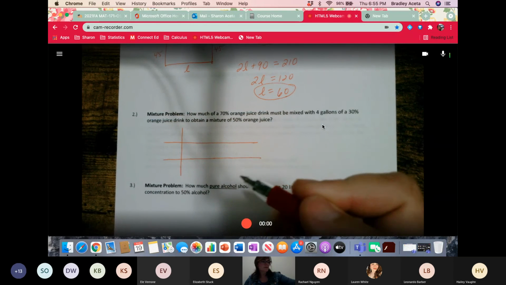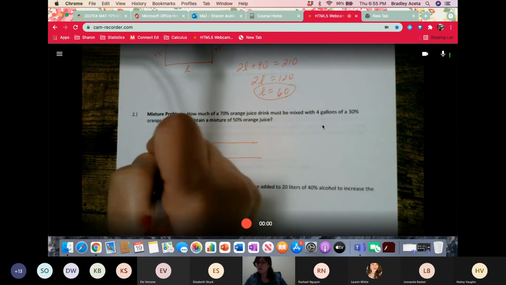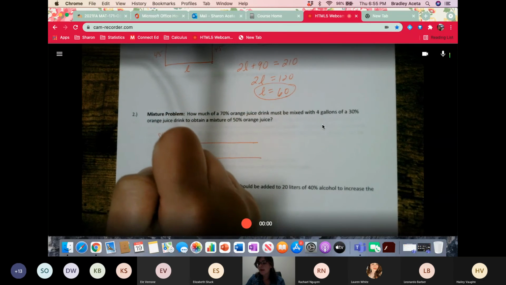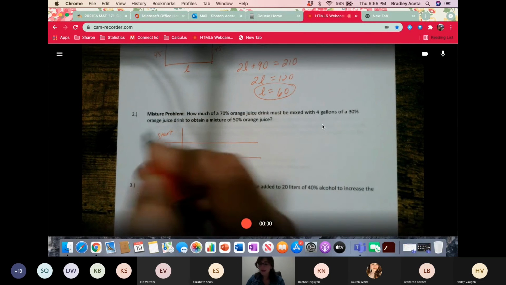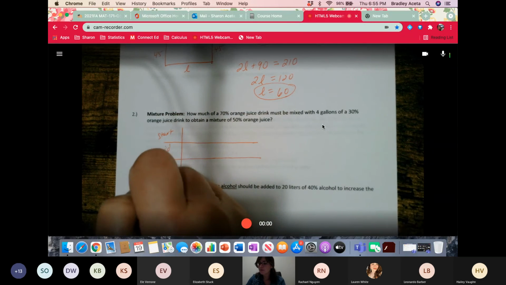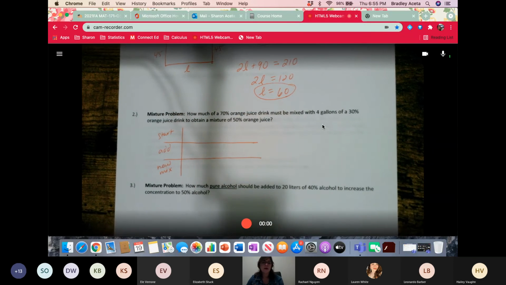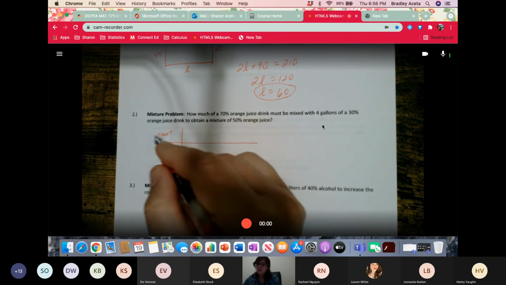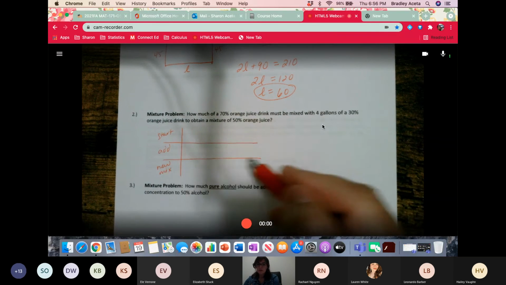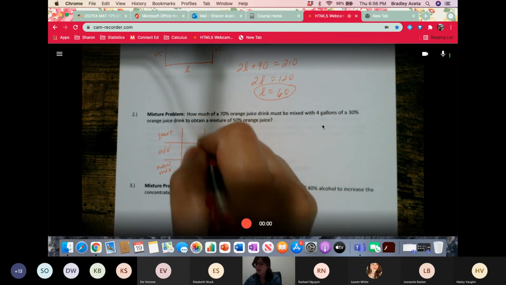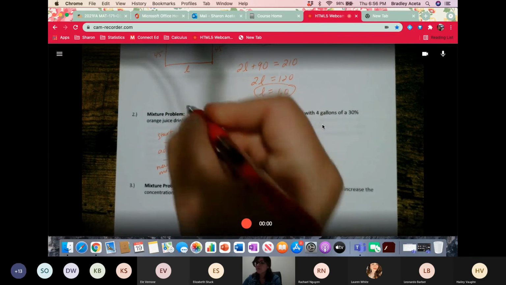And in those, you have what you're starting with, what you're going to add, and then your new mixture would be the bottom. So not only do you have these 3, I should actually say rows, but you do have 3 columns.